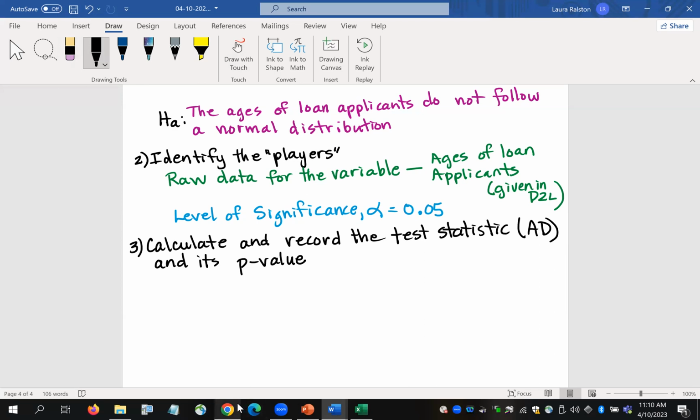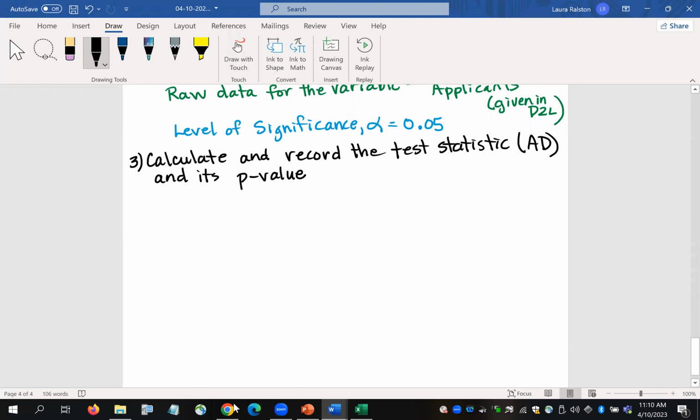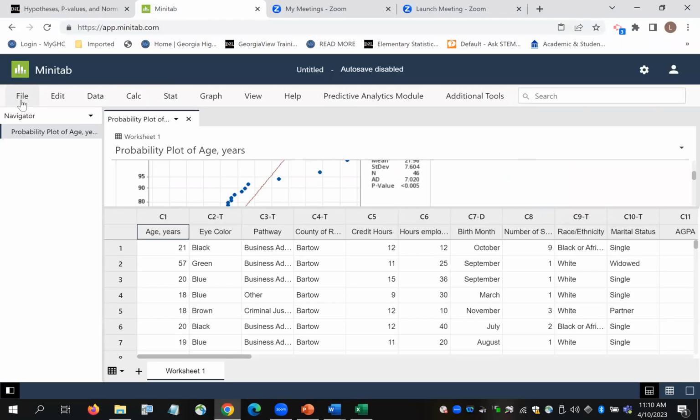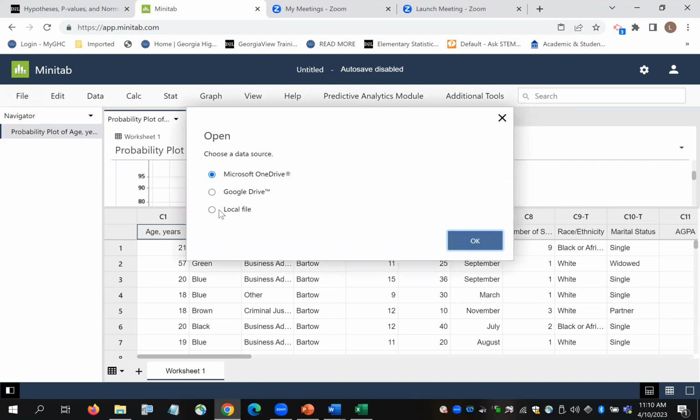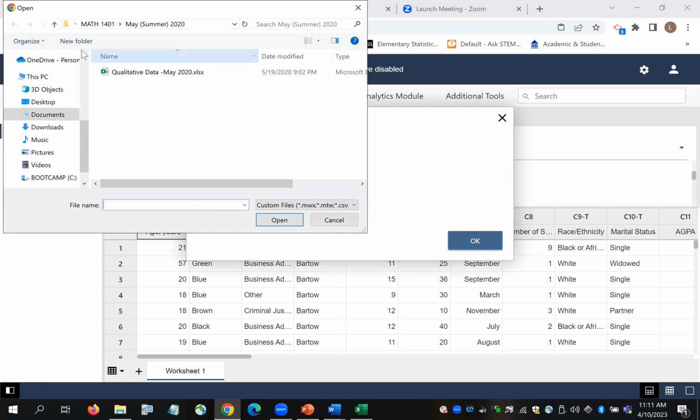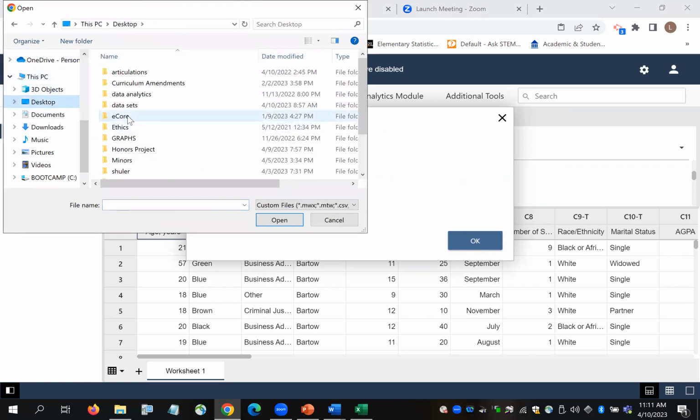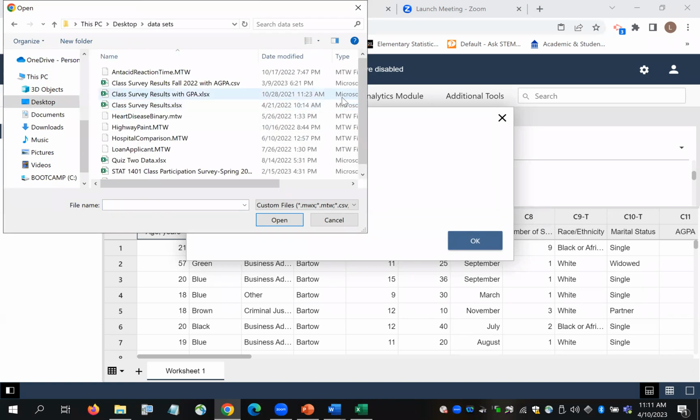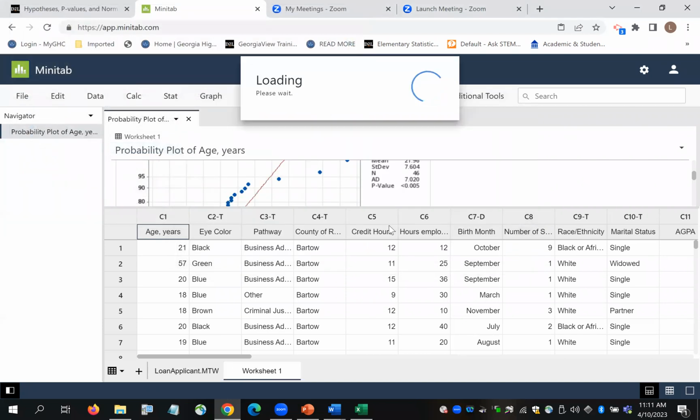Now again, before I can do anything in Minitab, I've got to get the data set in there. I pulled it down this morning, so I've got to pull in the loan applicants.